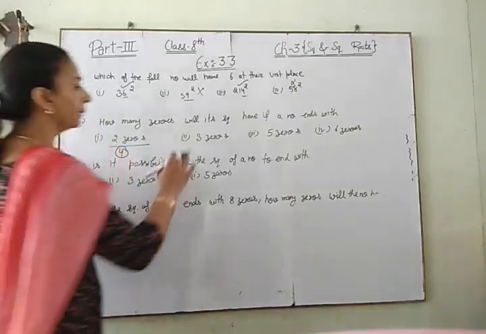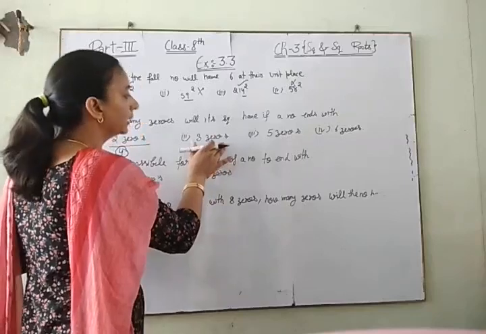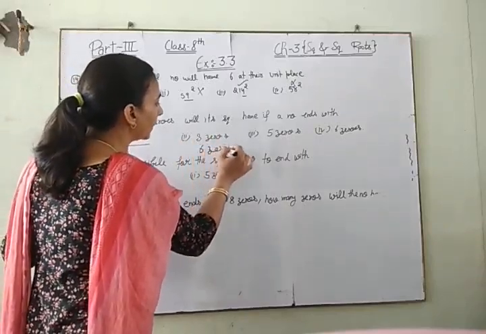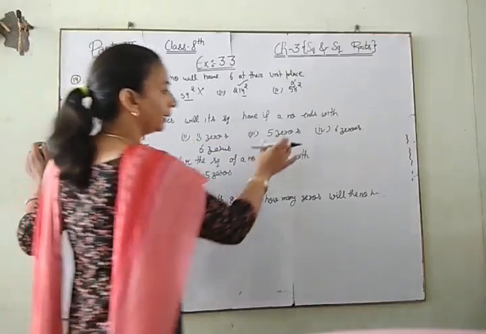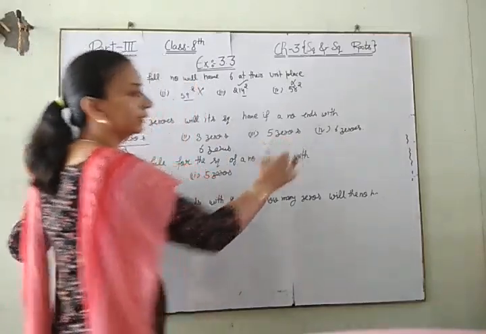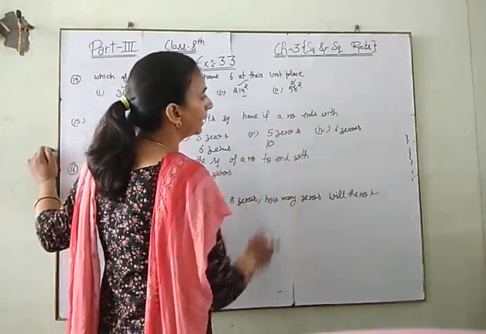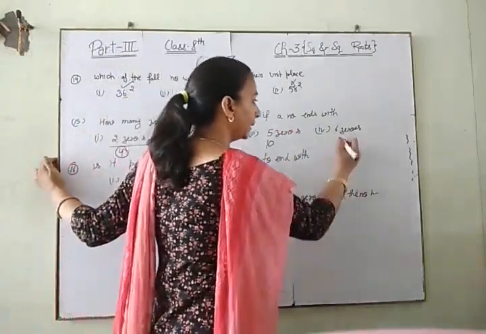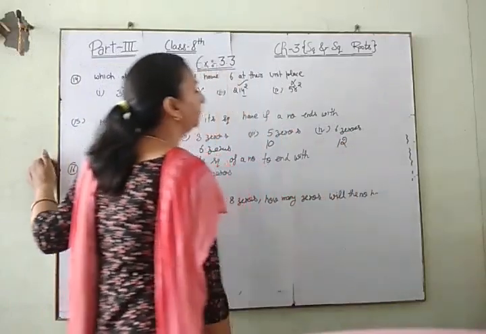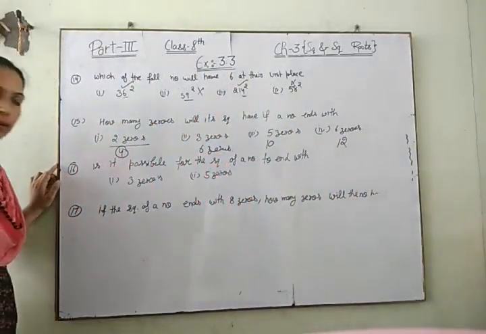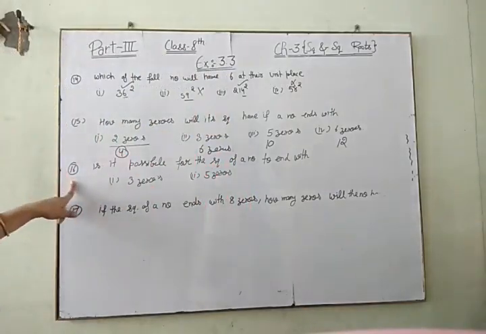If a number ends with 3 zeros, then the square of that number has 6 zeros. If a number ends with 5 zeros, then if we find the square, it is double, 10 zeros. If a number ends with 6 zeros, then if we find the square of that number, the total zeros are 12.